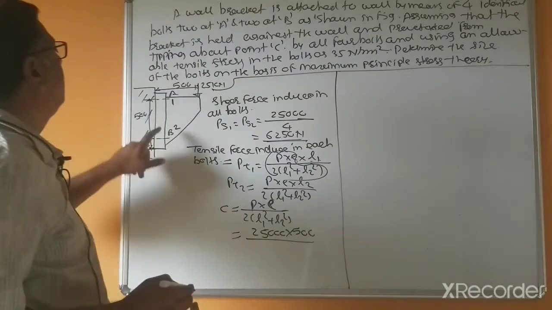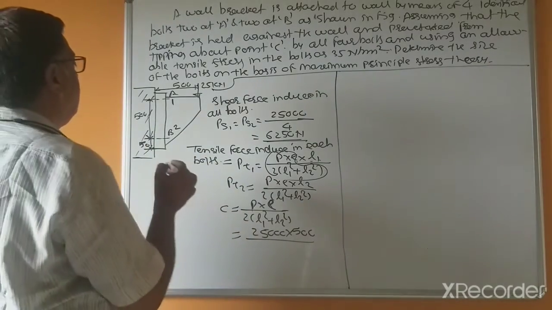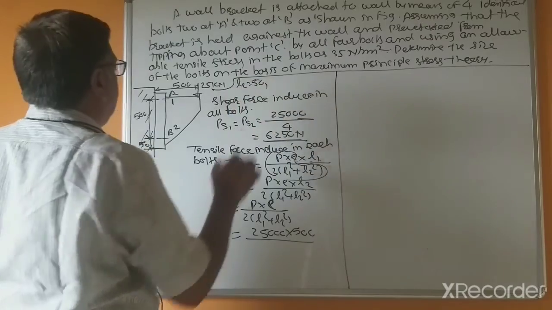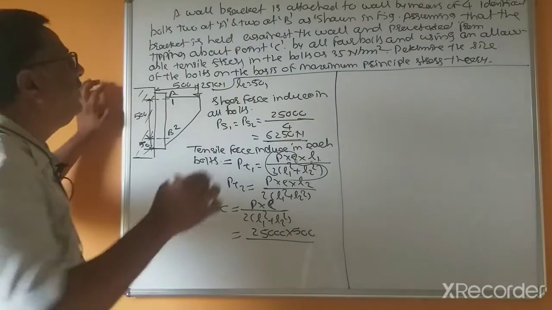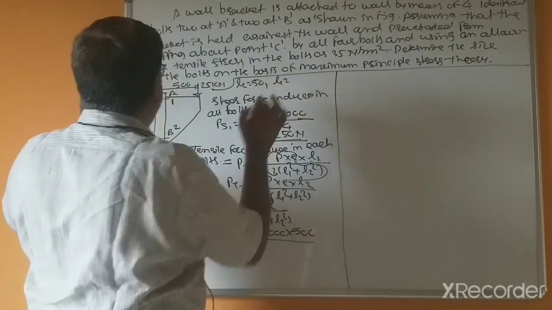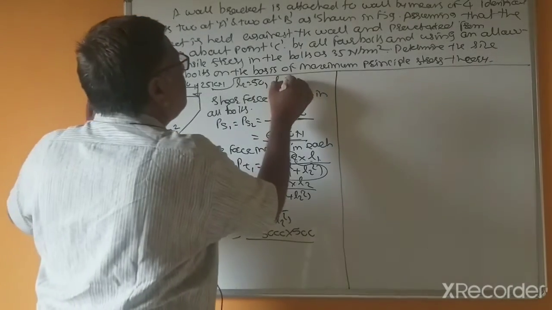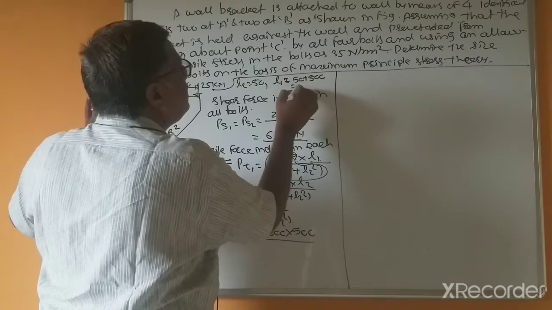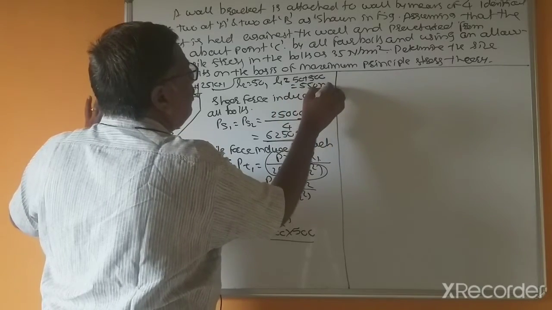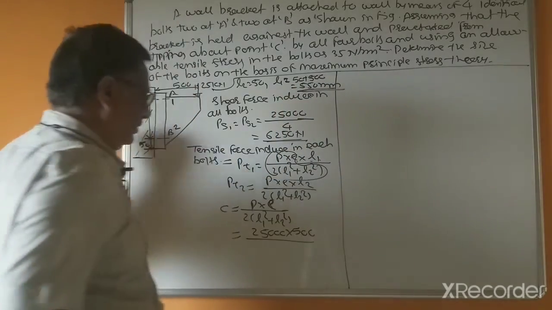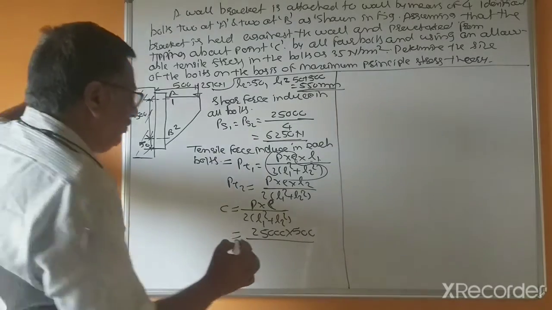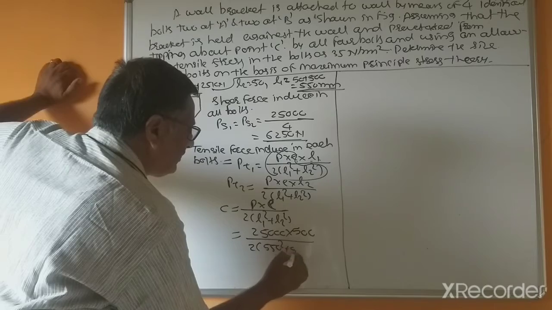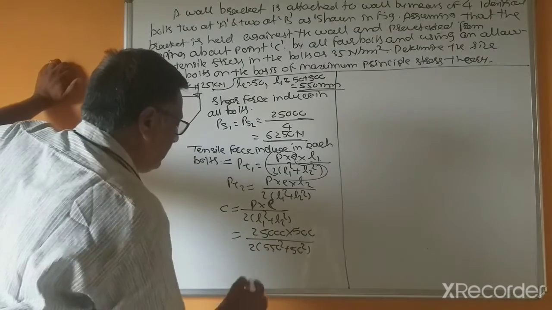Now here L2 equal to 50 and L1 equal to, this is not 500, because this is from the tilting edge, so that's why this is 50 plus 500, equal to 550 mm. This is very important. That's why we can write this as 550 square plus 50 square.